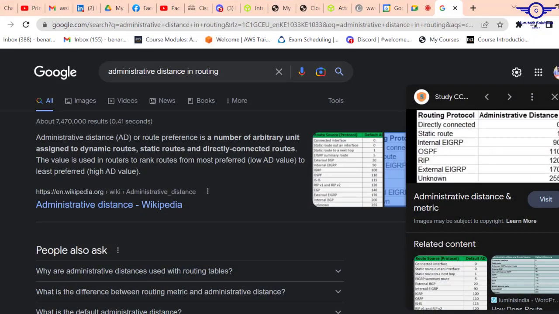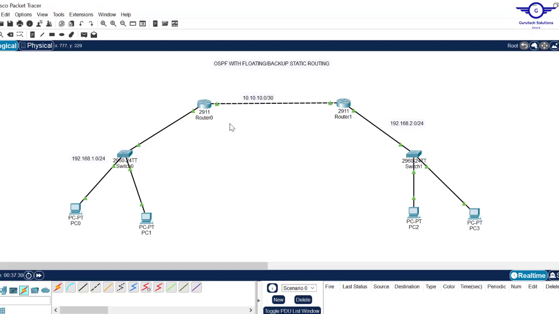Now we want to design a backup route for OSPF, meaning when OSPF fails, that route should be used.